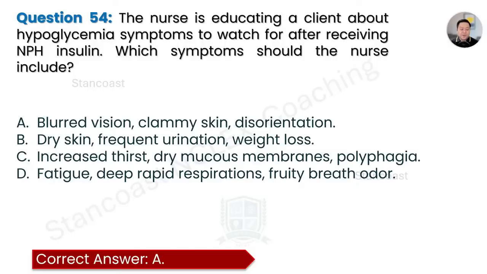Letter B, one of the incorrect options, reflecting dry skin, frequent urination, and weight loss, are signs of hyperglycemia, not hypoglycemia. Letter C, another incorrect option. These are classic signs of hyperglycemia. Now, letter D, fatigue, deep, rapid respirations, or Kussmaul's breathing, along with the fruity breath odor. These manifestations suggest diabetic ketoacidosis, not hypoglycemia.